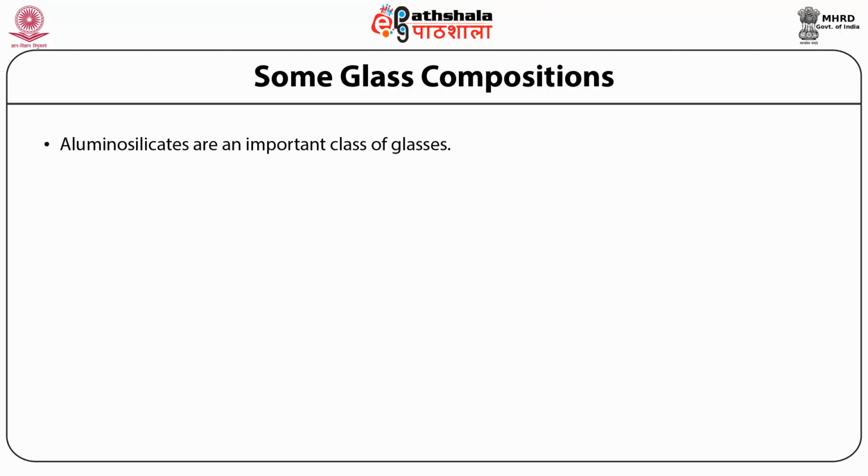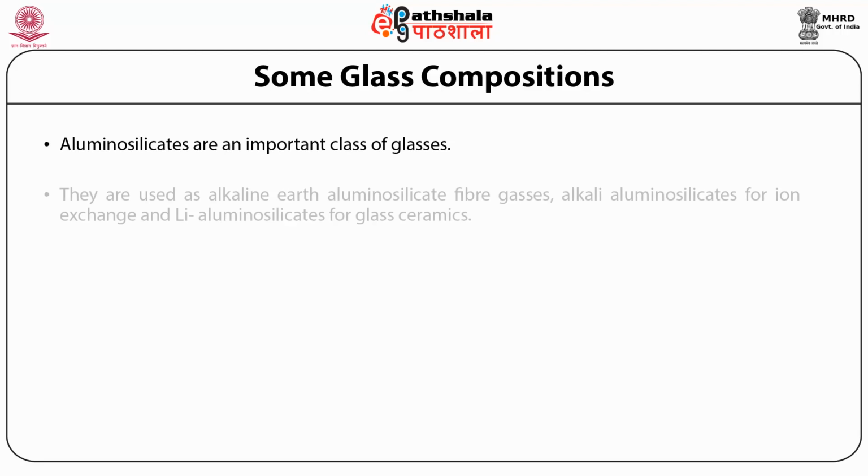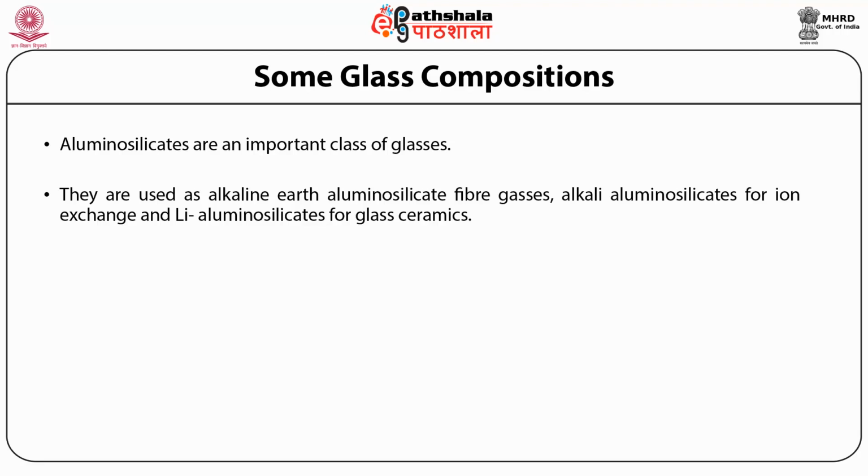Aluminosilicates are an important class of glasses. They are used as alkaline earth aluminosilicate fiber glasses, alkaline aluminosilicates for ion exchange, and lithium aluminosilicates for glass ceramics.